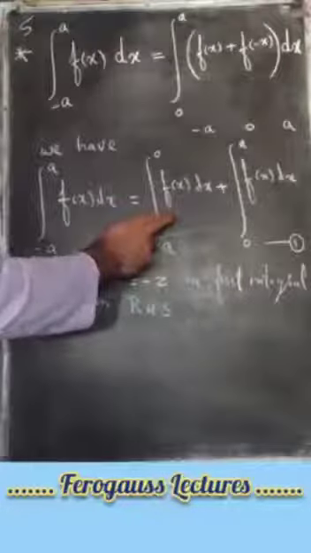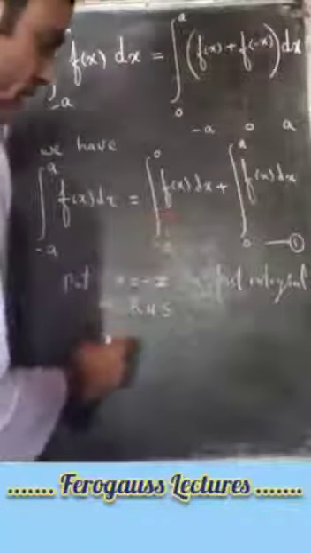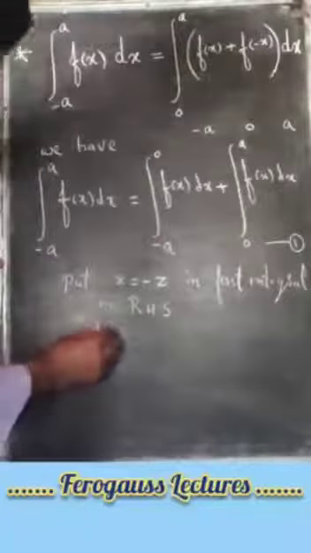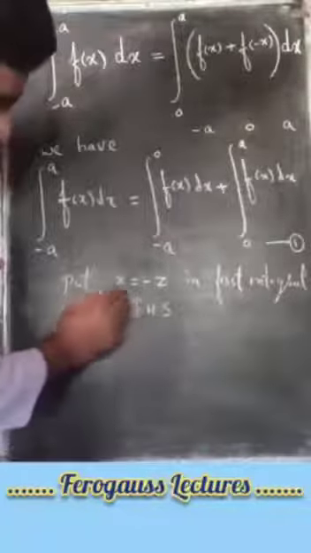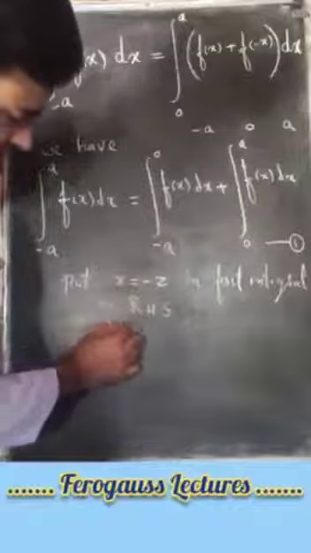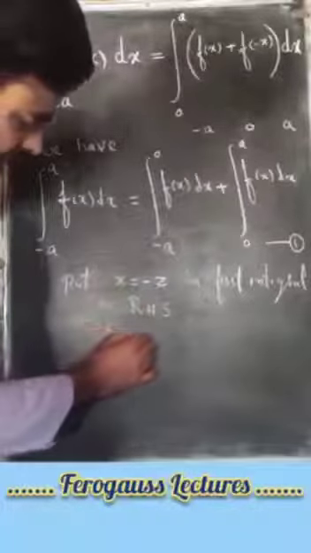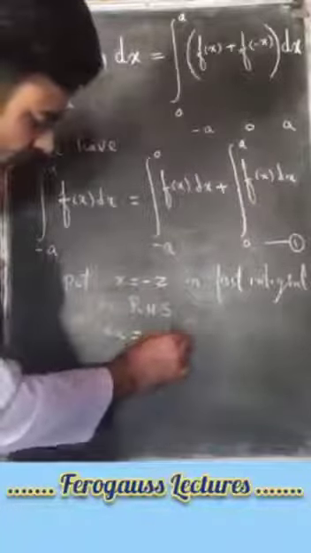So we get, when x is equal to minus z, dx is equal to minus dz.